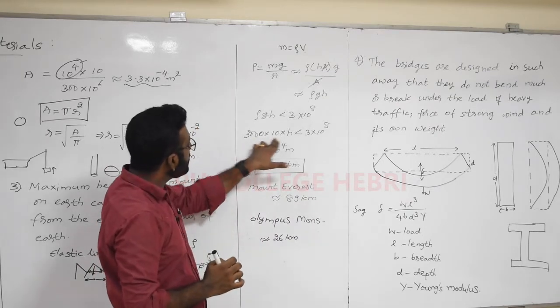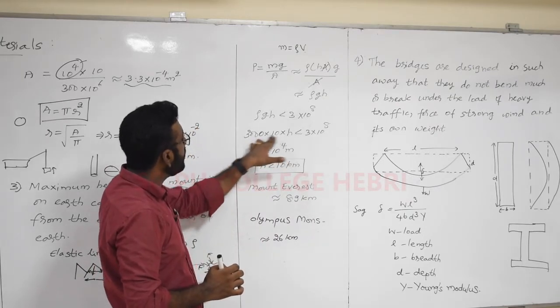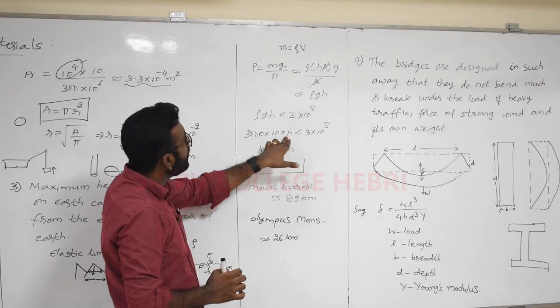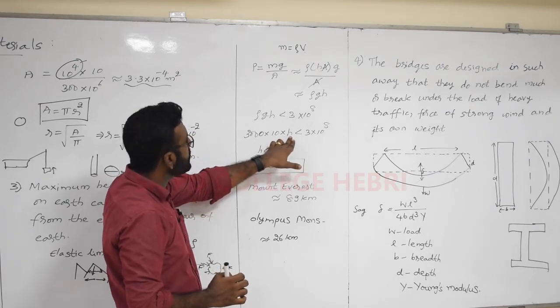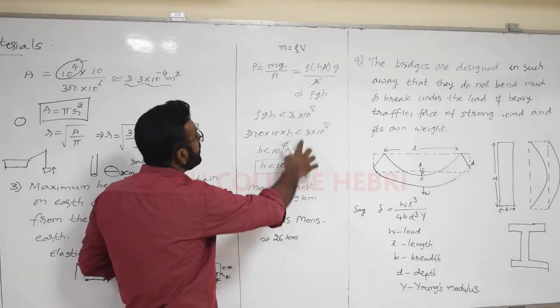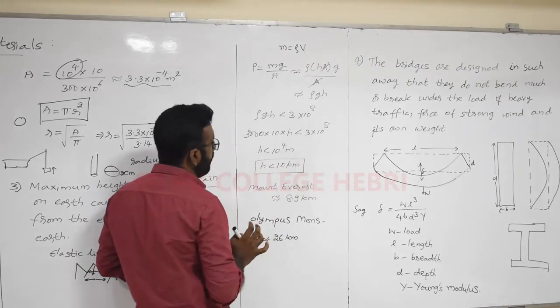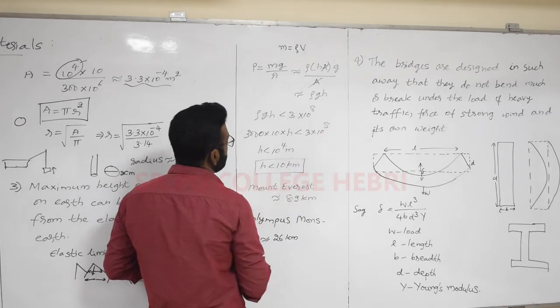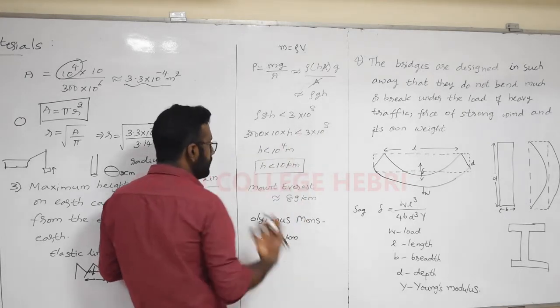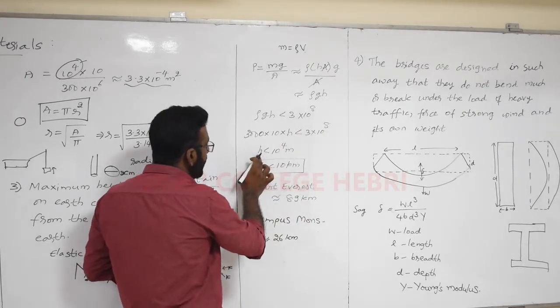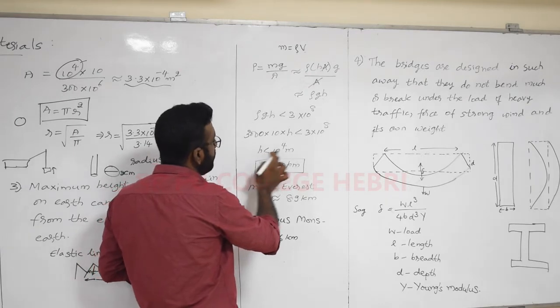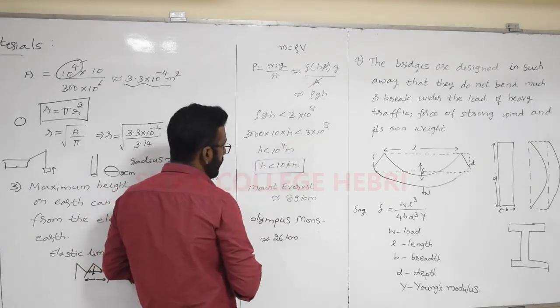So this density 3000 multiplied by g value 10 and multiplied by h, which we don't know, should be less than 3 into 10 to the power 8. Now taking these values to the other side, doing the cancellation that you can do by yourself, you will get h less than 10 to the power 4.